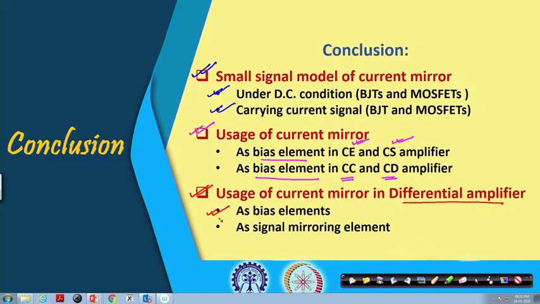One is as a biasing element, and we have seen that it improves the common mode gain and differential mode gain. In addition to that, finally, we talked about the usage of the current mirror as active mirror load. This helps to convert the output port into single ended form.